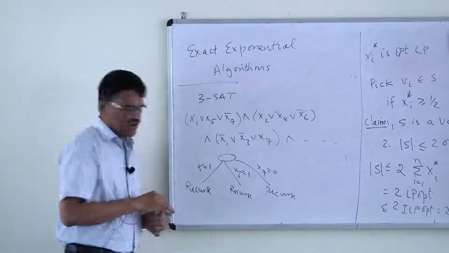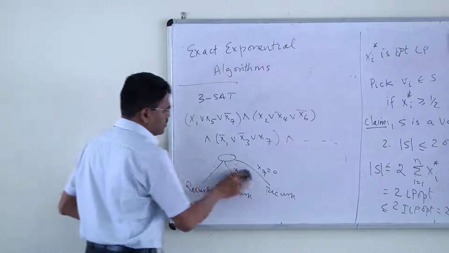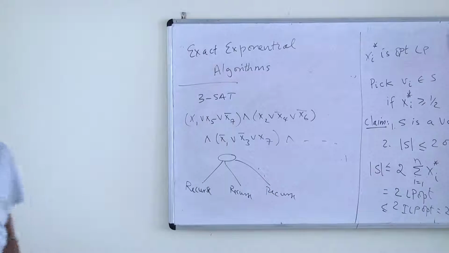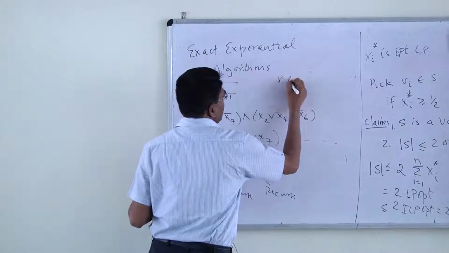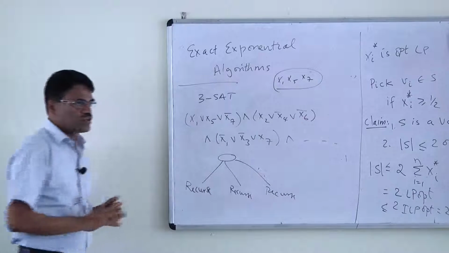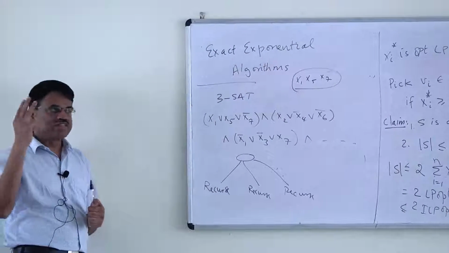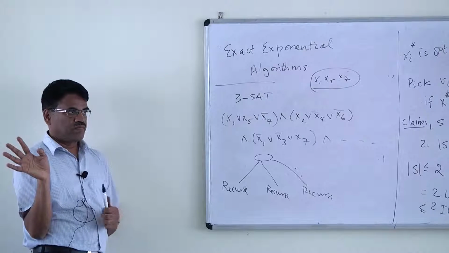Okay, no, this is not a great algorithm. So I'll do a little bit more. I'll do a 7-way branch. Let's look at x1, x5, and x7. These are the 3 variables that appear in the first clause, and there are totally 8 possible assignments for these 3 variables, out of which 1 is not allowed.